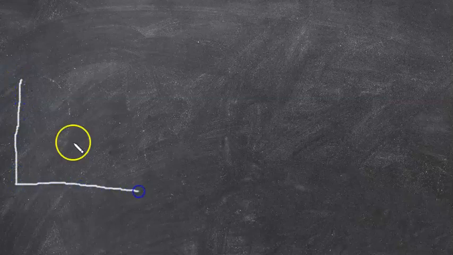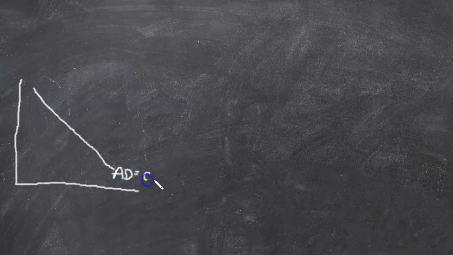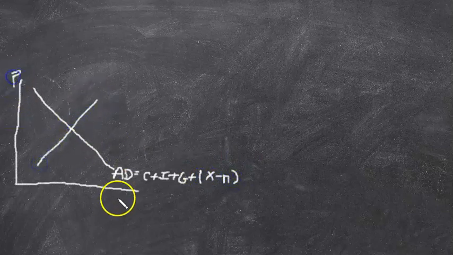This is going to involve a little bit more complexity. So what I'm going to do is I'm going to look at three particular markets here. Market for goods and services, we've got aggregate demand, and remember this is equal to consumption plus investment plus government spending plus net exports. So we have exports minus imports, and we have aggregate supply. Price level here, and this is GDP.